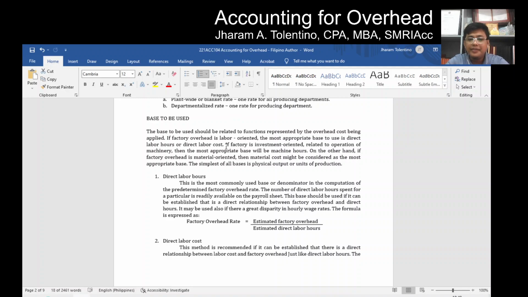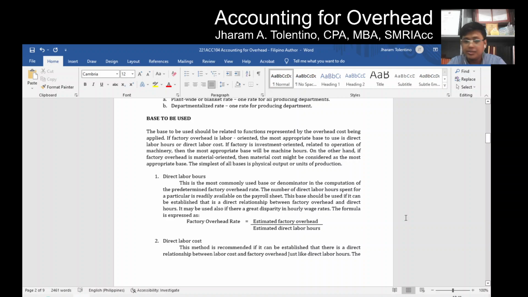On the other hand, if the factory overhead is material-oriented, then material cost might be considered as the most appropriate base. So the simplest of all bases is physical output or units of production. So ibig sabihin, kung i-allocate mo siya, pinakamadali sa lahat is gamitin mo yung ilan yung na-produce mo. Okay, yun ang ibig sabihin. Kung ilan yung na-produce mo.